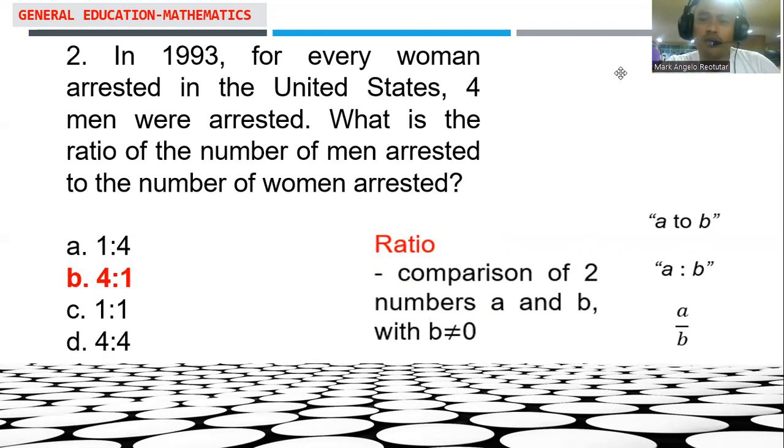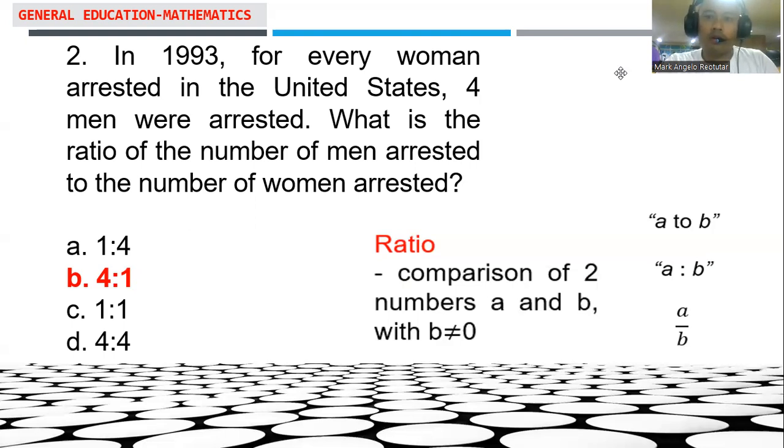When we say ratio, if we try to recall, it is the comparison of two quantities. We can denote ratio as A to B, or A is to B, or A over B, where A and B are both numbers. But take note that B should not be equal to 0.